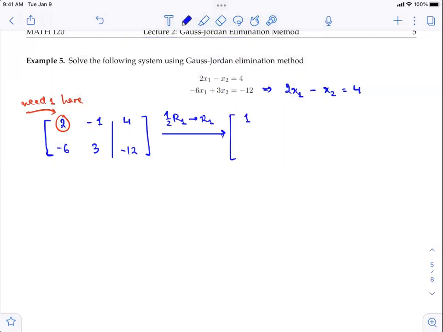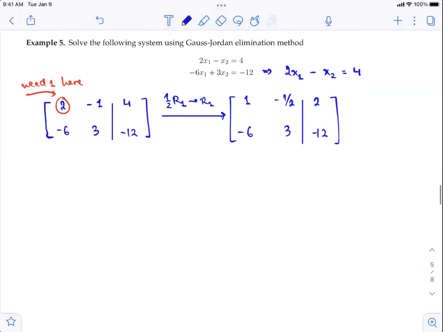So I have 1, -1/2, and 2. I didn't make any changes in row 2, so row 2 remains the same. Now I have the leading one in the first row, so the entry below that has to be equal to 0. I need the 0 here.